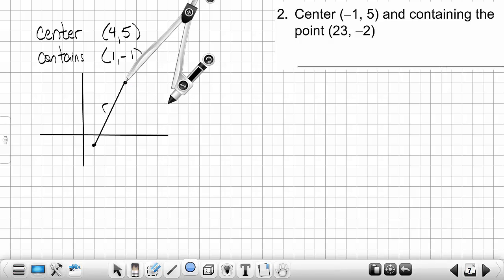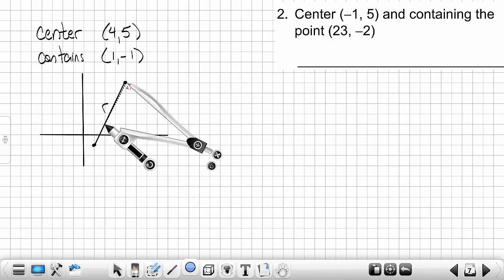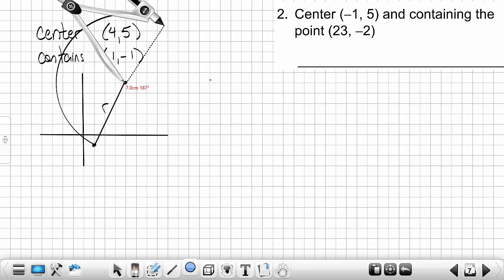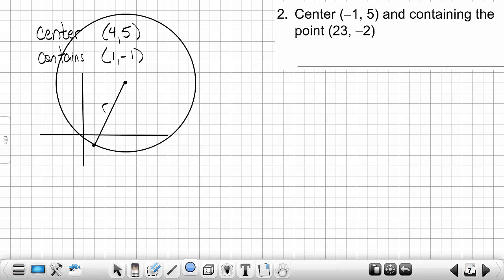Okay? So if I were to, there's my best attempt. I know it's a rough sketch here, guys, but there's my best attempt at drawing a circle that goes through the point 1, negative 1 and is centered at 4, 5. So there's what my circle would look like.